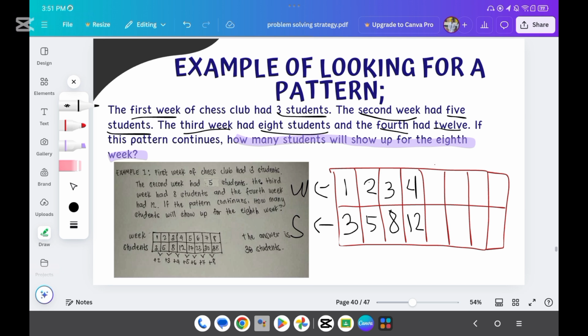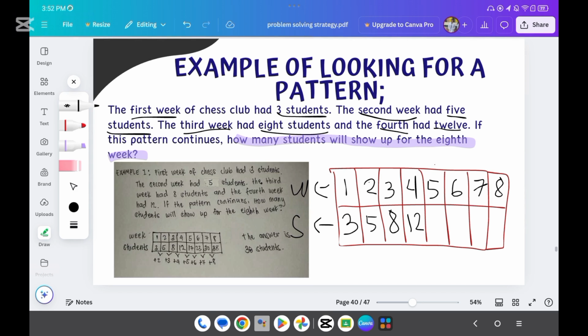So ngayon, sisimulan natin para mahanap natin ang pattern at kung ano nga ba ang tamang sagot o kung ilang estudyante nga ba, how many students will show up for 8th week. So now 8th week. So meron na tayo ditong 4 na week. So lalagyan lang natin ng 5, 6 week, 7 week, and 8 week.